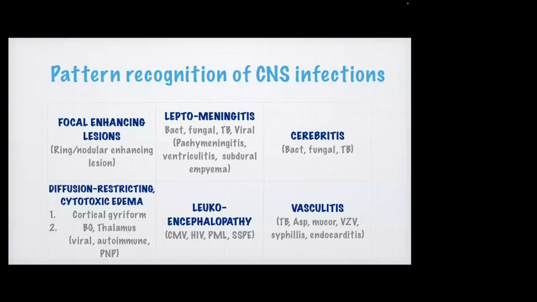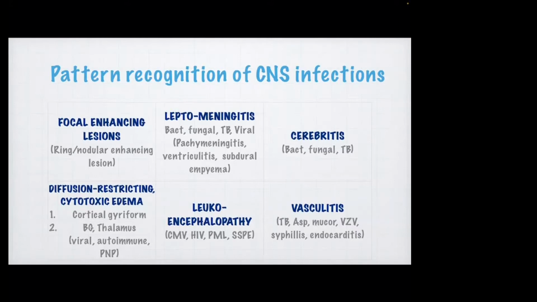For example, when you have leptomeningitis, of course, we don't consider herpes encephalitis as a primary diagnosis. In a similar way, cerebritis would have bacteria and fungi as the most common causes. Even tuberculosis sometimes can start as cerebritis and later on organize into granulomas.